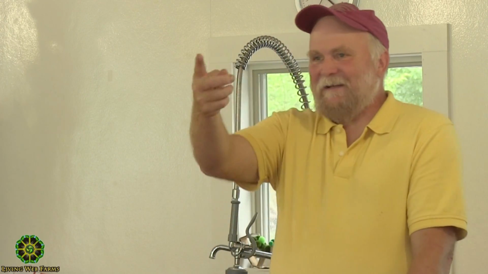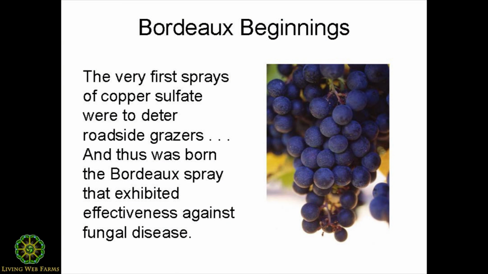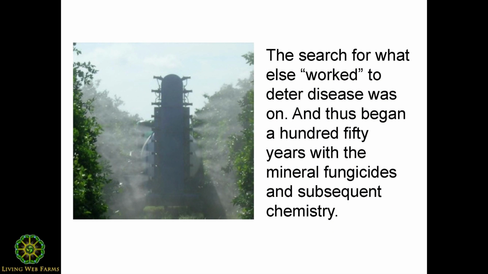There's the road and there's the grapevines on that fence, coming in and picking the grapes. They weren't buying the grapes, they weren't doing any of the work. And so out of their disgust, they just sprayed them with copper sulfate, made them all blue. And people didn't want to eat the blue grapes, but also they noticed that, hey, that knocked back this disease. And this launched our whole approach to finding some material to toxify, take care of the disease.